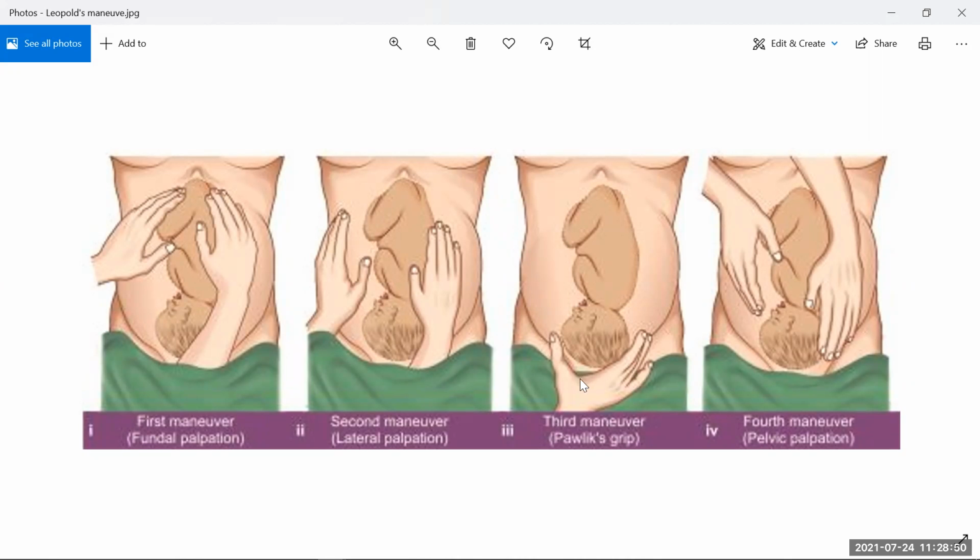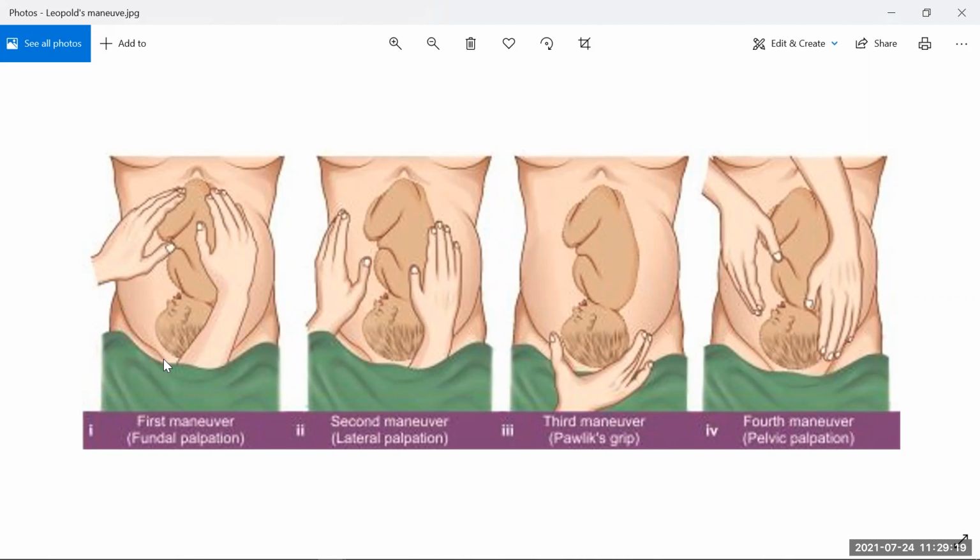In the third part, if it's a cephalic baby, you do the Pawlik grip and you can easily appreciate the head of the fetus moving between the fingers and thumb of your hand. The final, fourth maneuver is the pelvic grip. You put your hands in the opposite direction compared to the first maneuver, and you appreciate the head again.